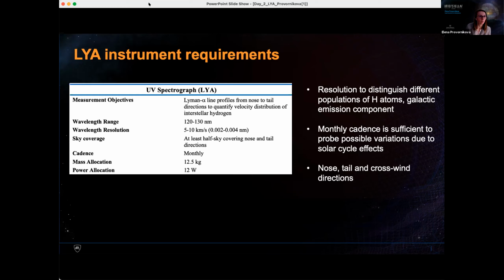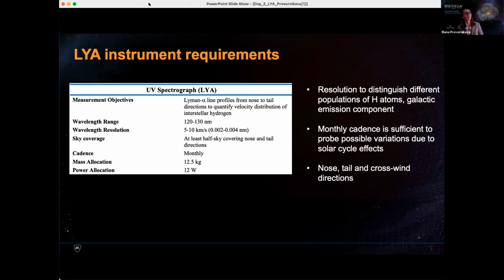So we want to have a high resolution, which is 0.002 to 0.004. And this is the resolution which is required to separate the contribution from different hydrogen populations in the Lyman-alpha line. We want to cover many different directions, and of course the nose of the heliosphere, the tail, and also the crosswind directions, which are perpendicular to nose and tail.